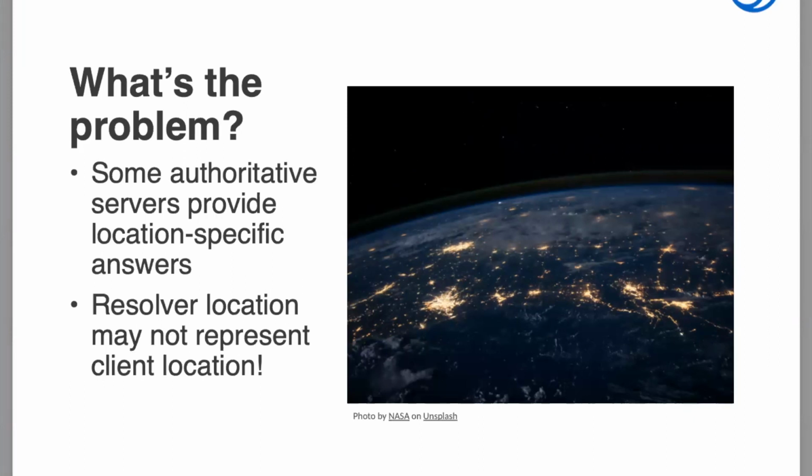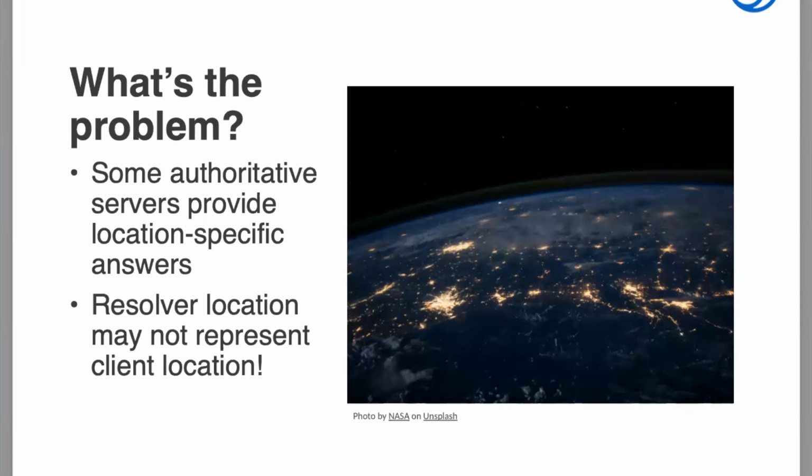So if the query comes from or appears to come from a client in, say, France, then they may well direct the answer, so that when the client goes to their website or whatever, they will go to services that are specific to their geolocation.